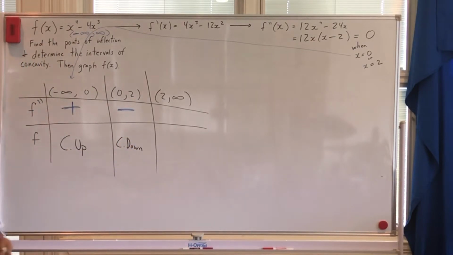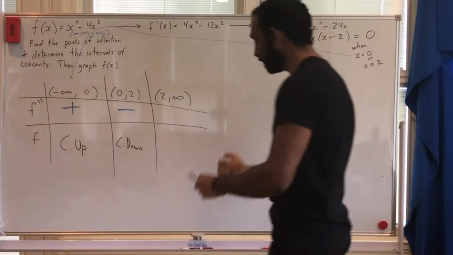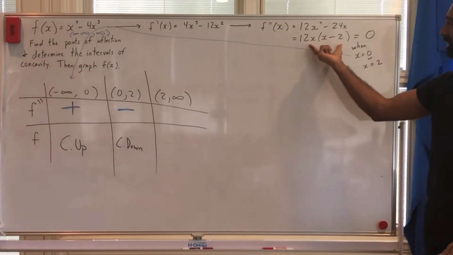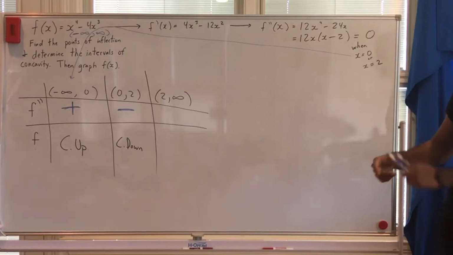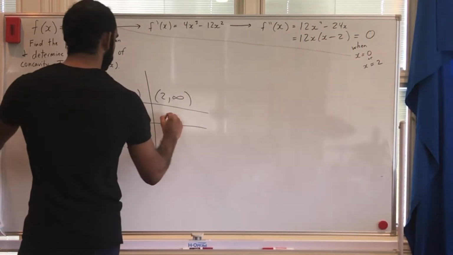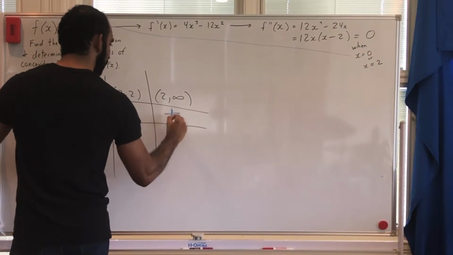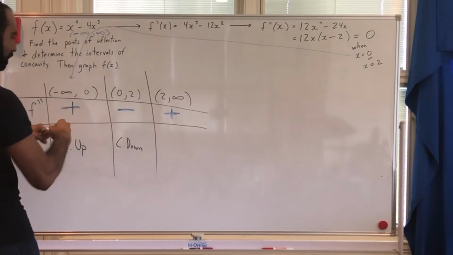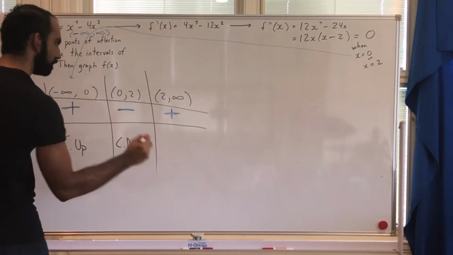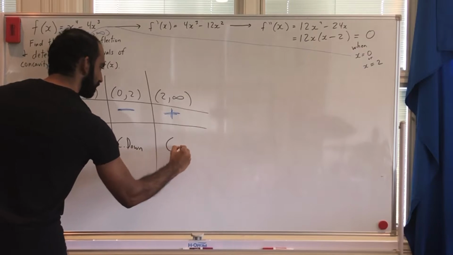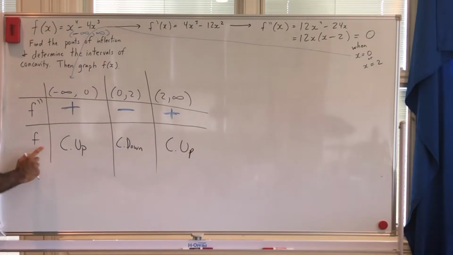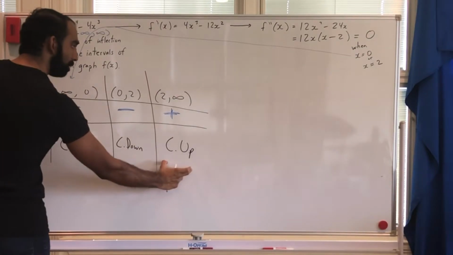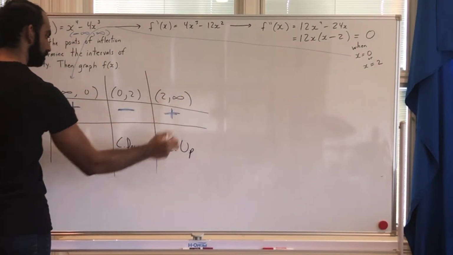Final interval, 2 to positive infinity. Take a really big number, you stick it in here, that's also going to be positive. Positive, negative, positive. In this case, geometrically, that means it's concave up. Plain old f, the original function, is concave up on this interval.